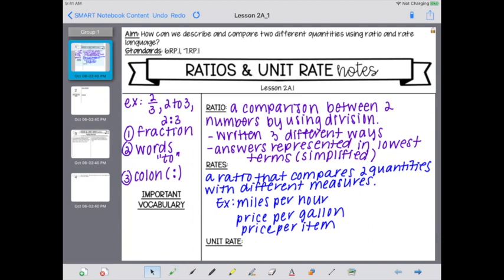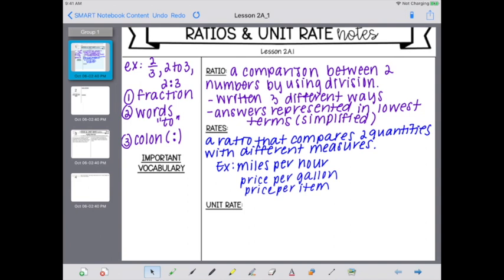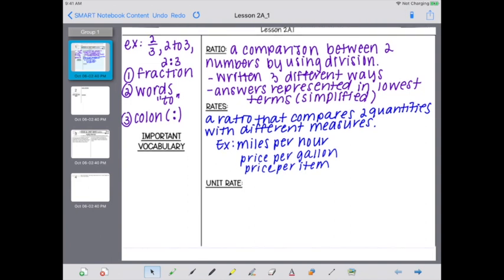So the next thing that we're going to talk about is unit rate. So unit rate is a ratio that has a denominator of 1. So this is commonly known as miles per gallon.